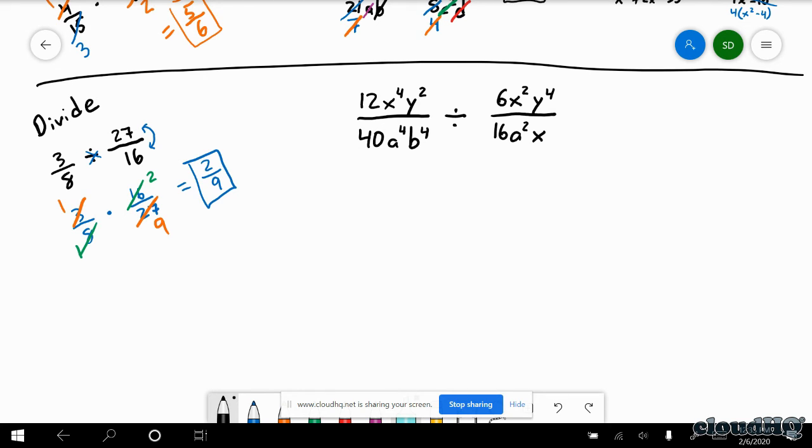Can we simplify first? If you want to simplify within a single fraction, you may, but aside from that, I would recommend just switching it to a multiplication problem first. I think you'll get into less trouble if you just switch it to multiplication before you do anything else.